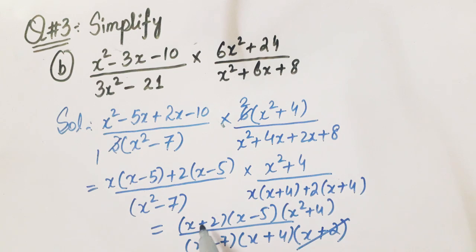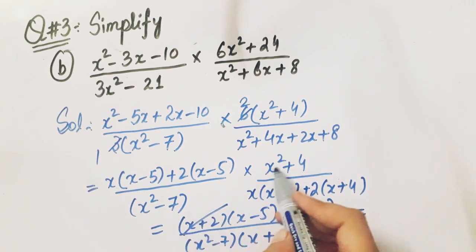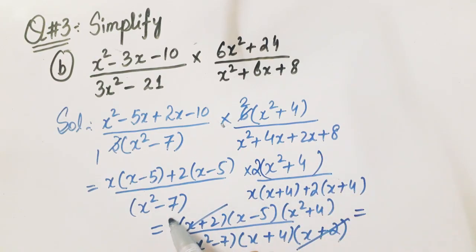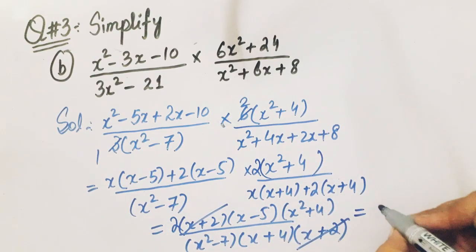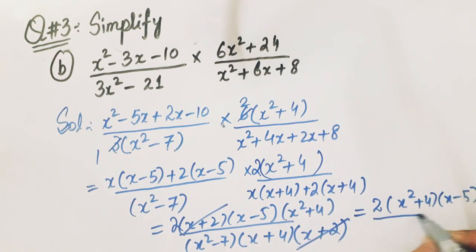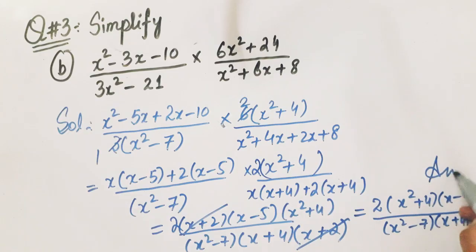So x plus 2 and x plus 2 are cancelled out. Write the remaining term and 2 is also here. So write the final answer: 2 into x square plus 4 into x minus 5, and in the denominator you have x square minus 7 into x plus 4. So this will be the answer.